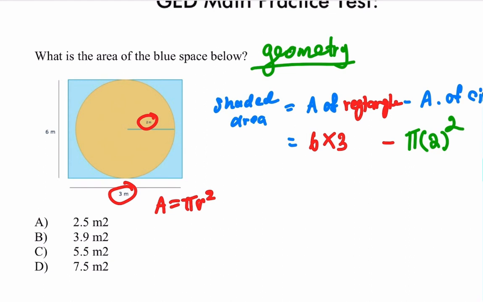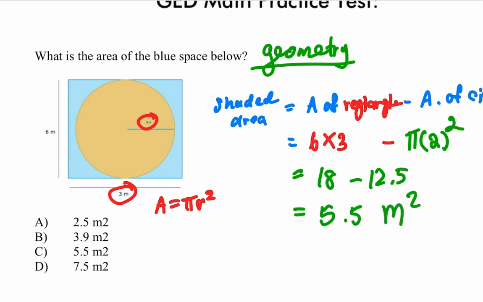So it will be 18 subtract, 2 squared is 4, times pi, which is 12.5. So the answer is 5.5 square meters. Why is it a unit squared? Like I told you in the previous videos, sometimes they don't ask you directly to find the area or volume.